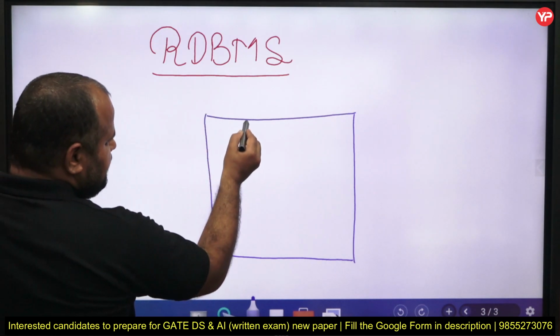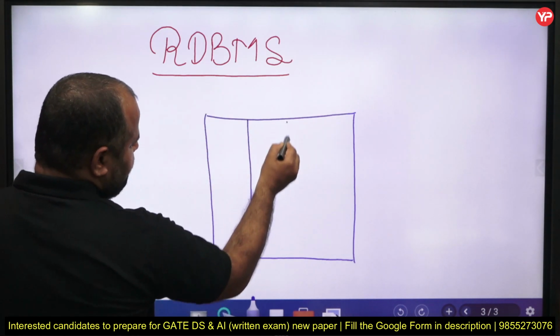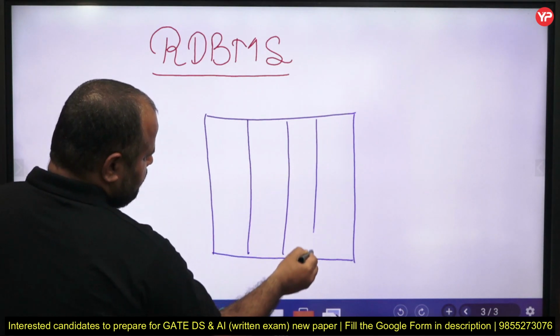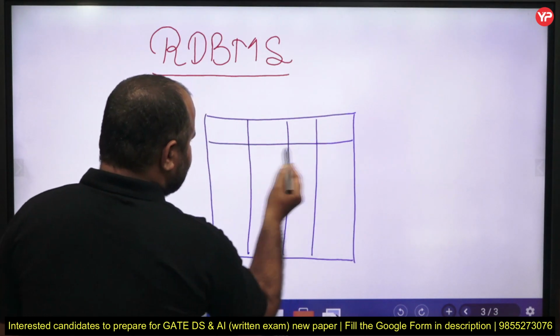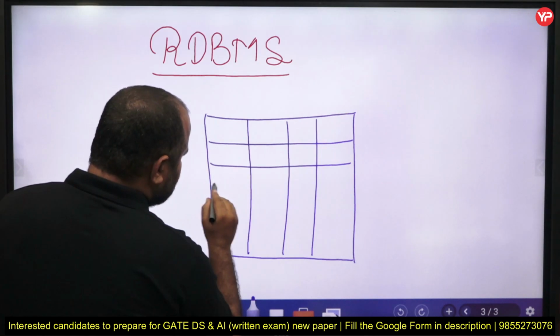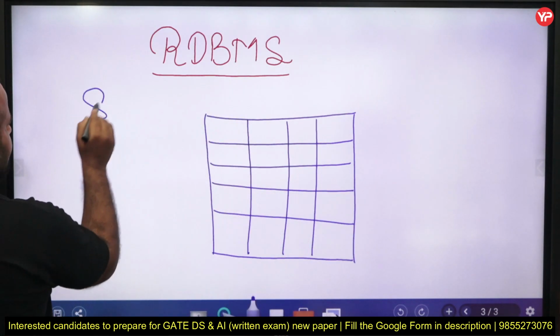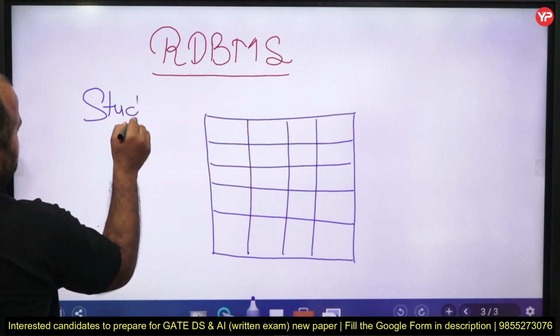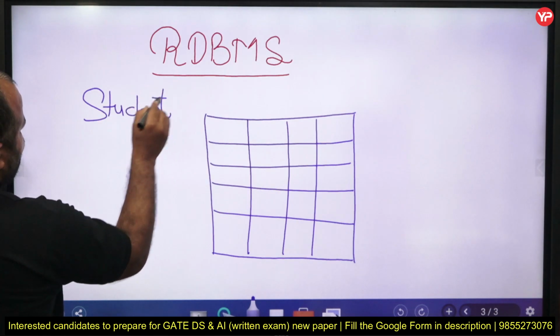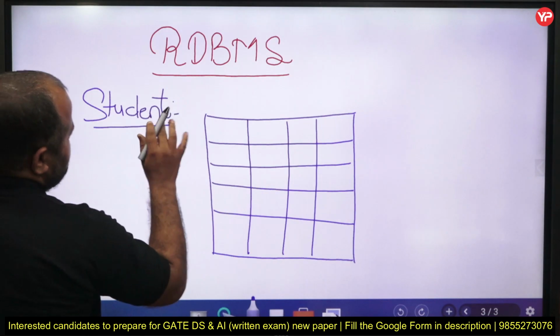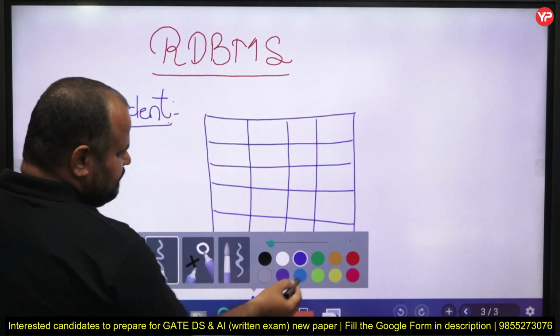So we know that in our table we have some columns and some rows. Fine. If I want to store the data related to a student, I have one table and the table name is student. I want to store the information related to the student in this table.